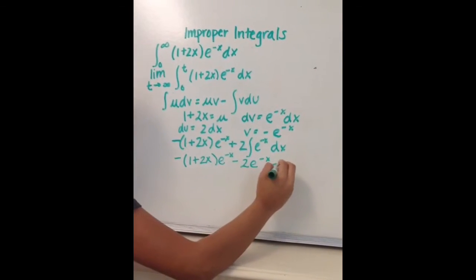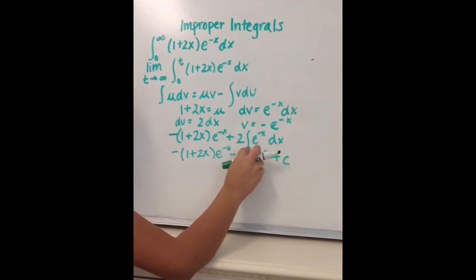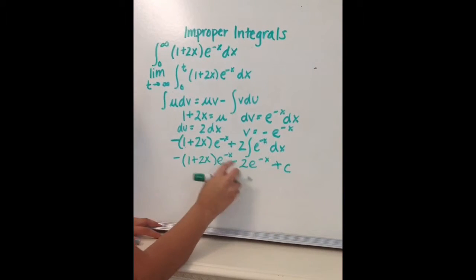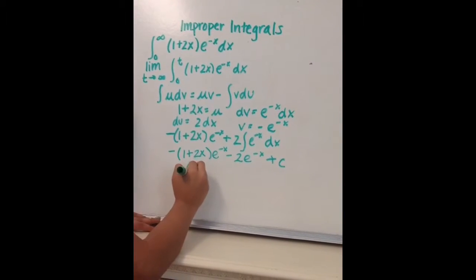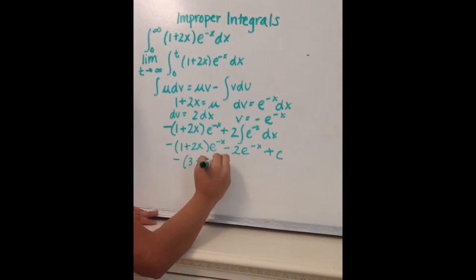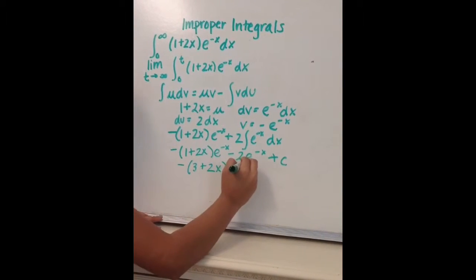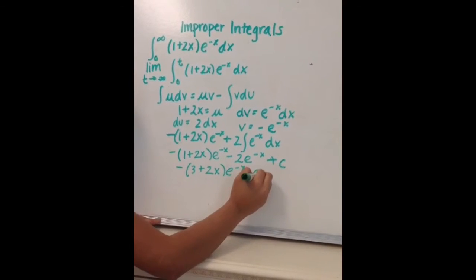And we always have to have the plus c because this is an indefinite integral. Then we simplify, negative 2, negative 1, so negative 3 plus 2x times e to the negative x plus c.